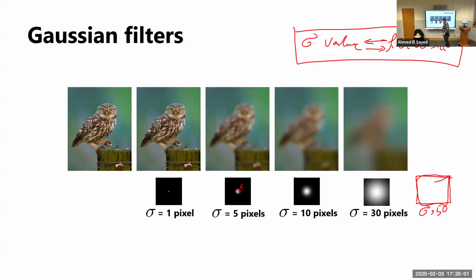This point is really important at that moment. But for now, just put it in your brain that the value of sigma is related to the filter size. For a specific filter size, I need a specific sigma value.